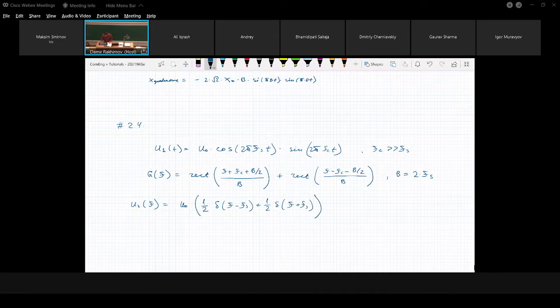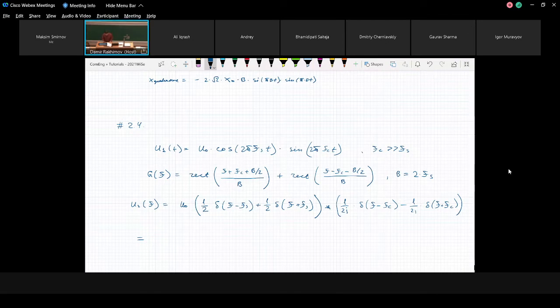Then for sine, we have a similar expression: 1/2j delta of f minus fc minus 1/2j delta of f plus fc. This is just the start, and then we write what the result will be. When you calculate the convolution between two delta pulses, you simply combine the arguments.